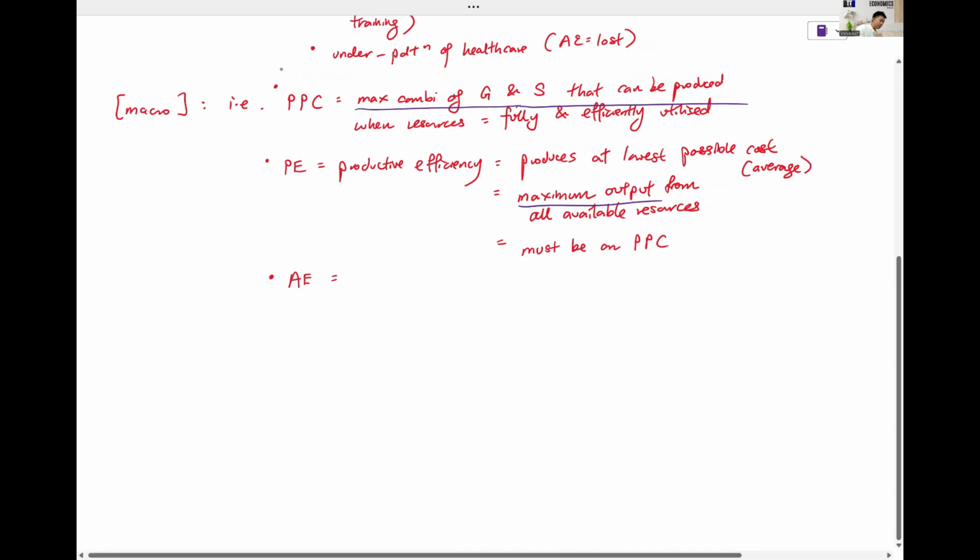All points are PE, yeah? How do we define AE? Points on PPC curve. Let's see, yeah. PPC, right? Okay, AE means not possible to what? See, earlier on I said definitions.